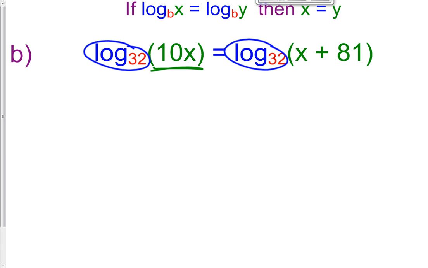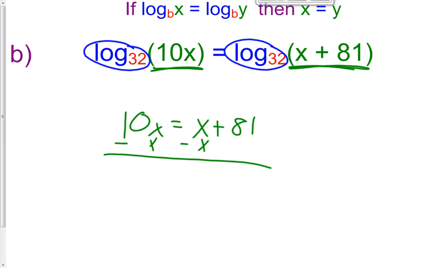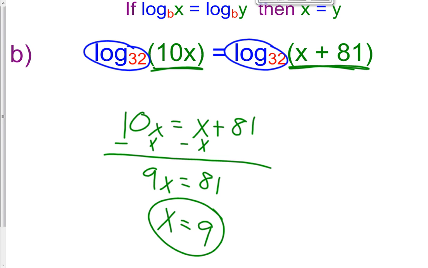So that means 10x has to equal x plus 81. Now we solve. Subtract an x from both sides, and we get 9x equals 81. Divide both sides by 9, so x equals 9. There's our answer for problem letter B.